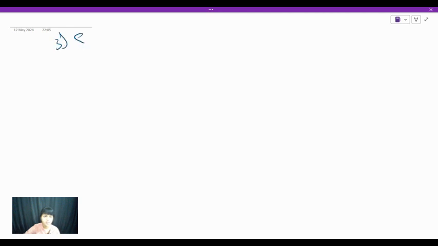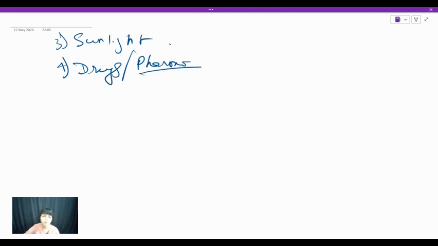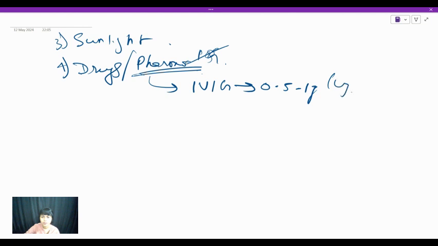Yes, there is something called sunlight, but it is controversial due to the side effects. Okay, next, the drugs or pharmacological therapy. So basically, many a times this pharmacological therapy has been asked in your PG. Okay, so what are these? You may administer IVIG, okay, at a low dose, gram per kg.